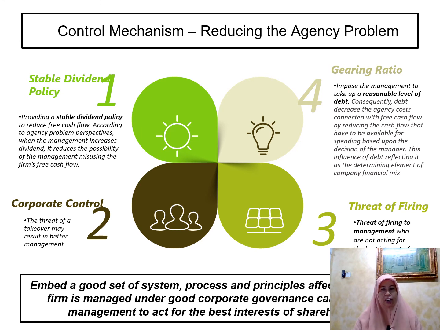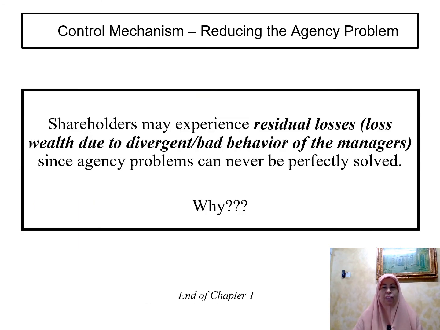Okay, so when a company has quite high debt, that can reduce the free cash flow because the cash flow available is used for the payment of the interest. So this influence of debt reflects the determining element of the company's financial mix between debt and equity.